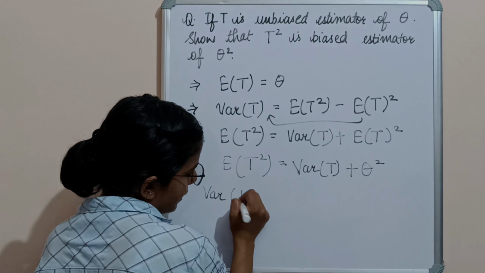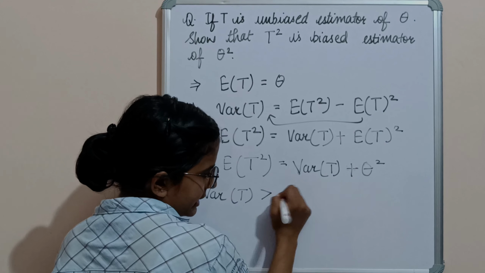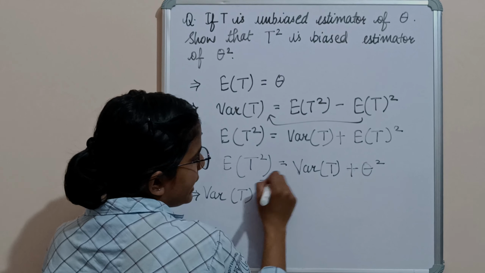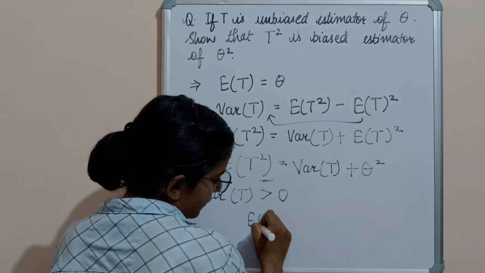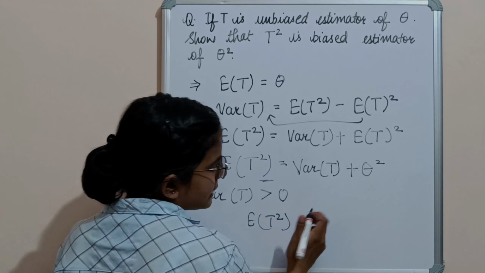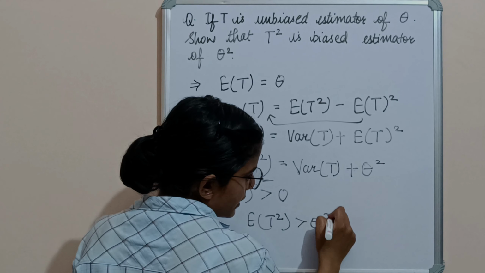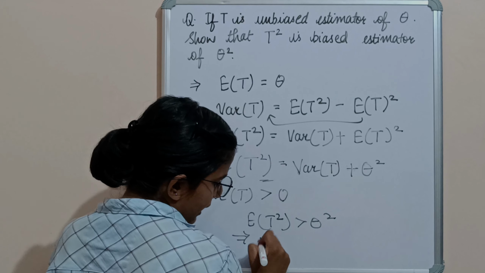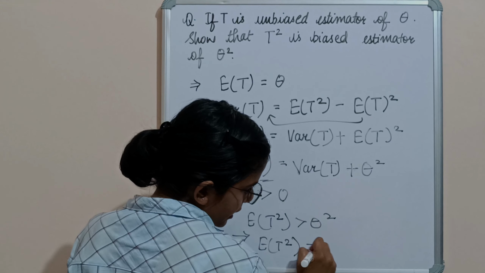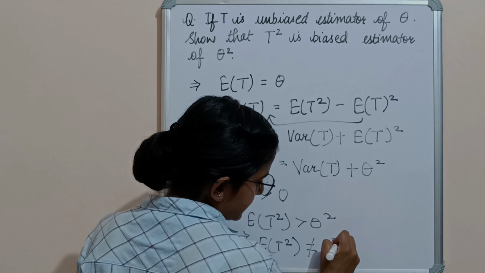Variance of T will be greater than 0. Therefore, E of T square will be greater than theta square. That means expectation of T square is not equal to theta square.